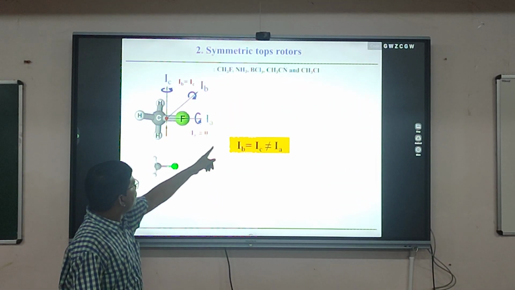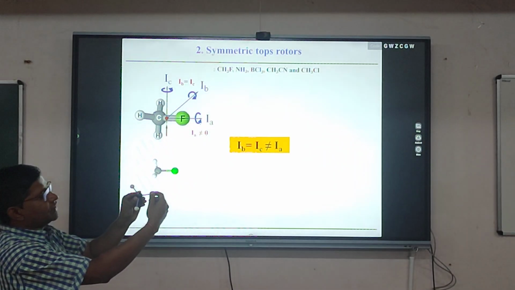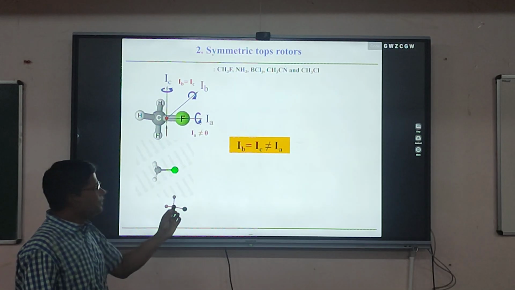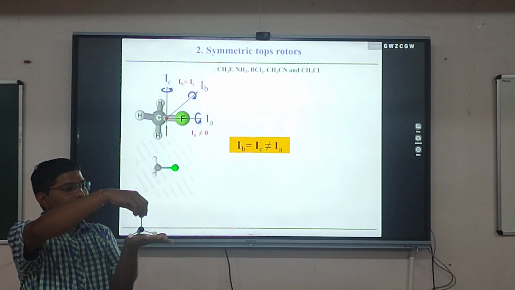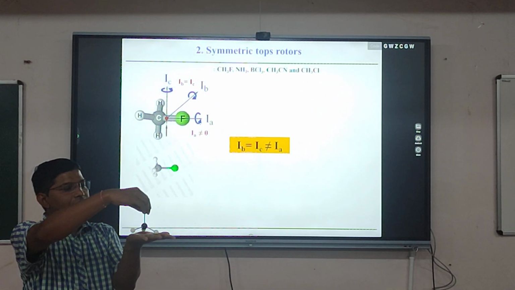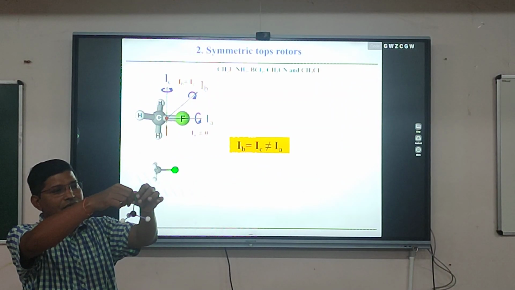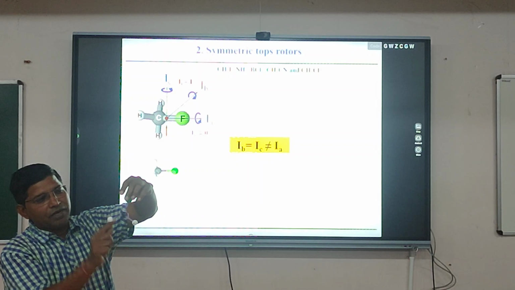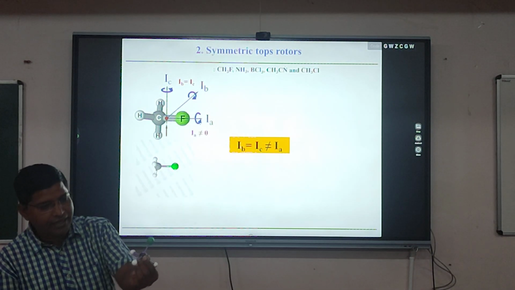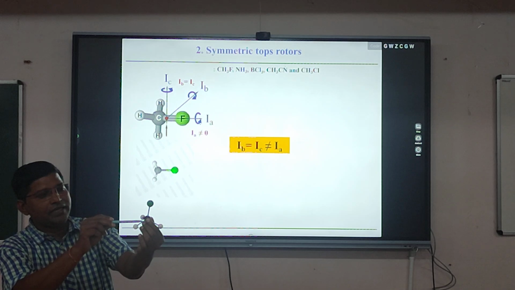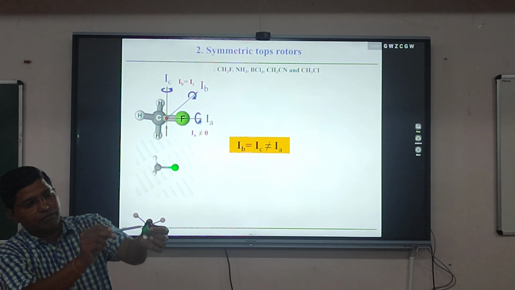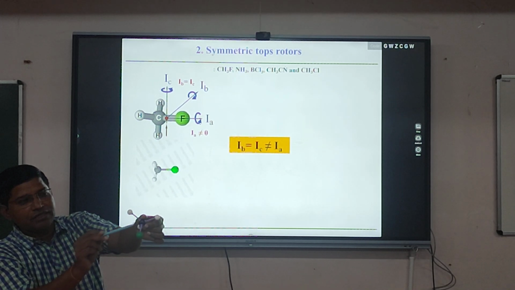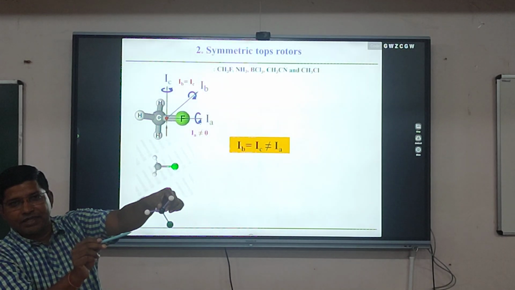Now we have this condition. This is one condition for rotation of the molecule. Now if you want to rotate this molecule in the plane, we have another axis, IB, and if I rotate the molecule this way, all the atoms present in the molecule change their position.